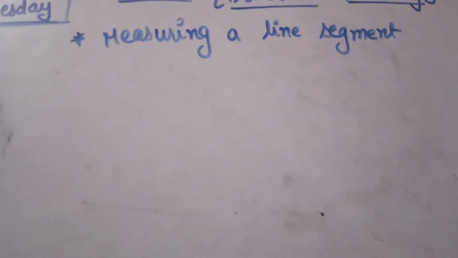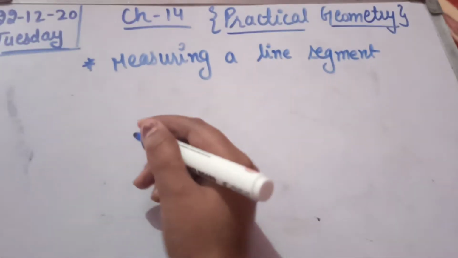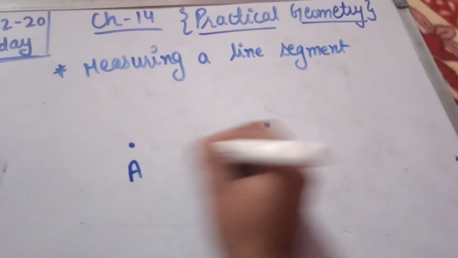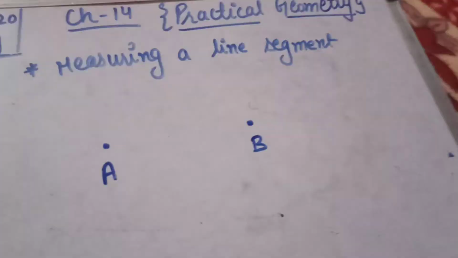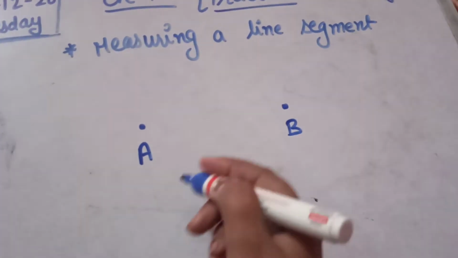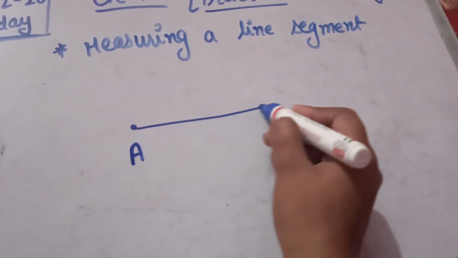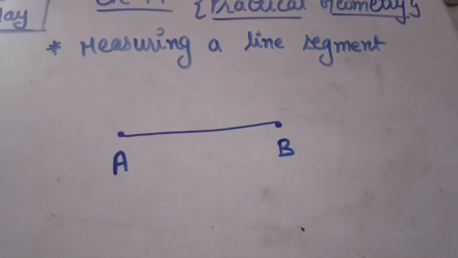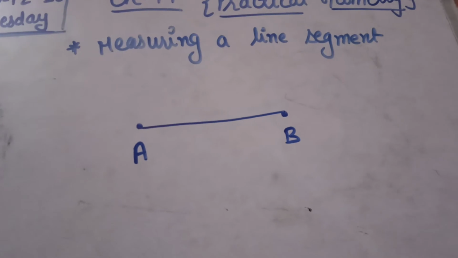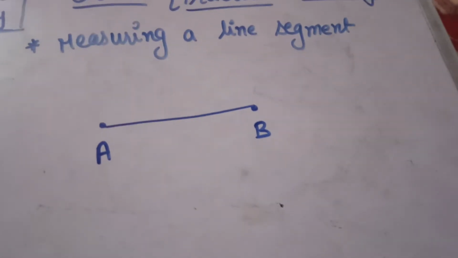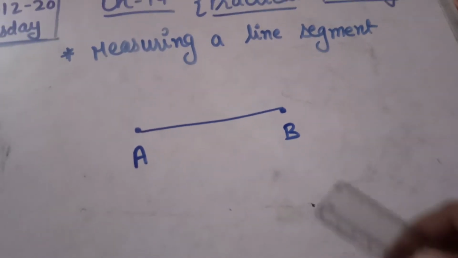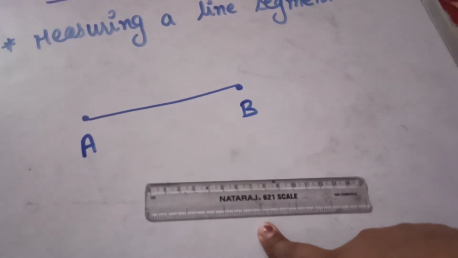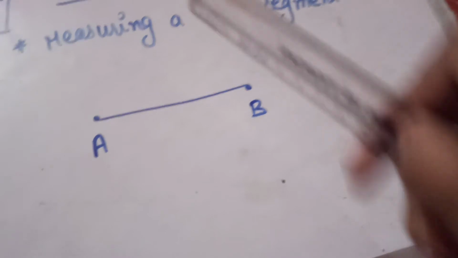So for this, what you have to do, this point is given, how will you measure it? Right? To measure the length of a line segment AB, firstly we will place the centimeter edge of a ruler. This side is the centimeter edge, and this side is the inch edge.